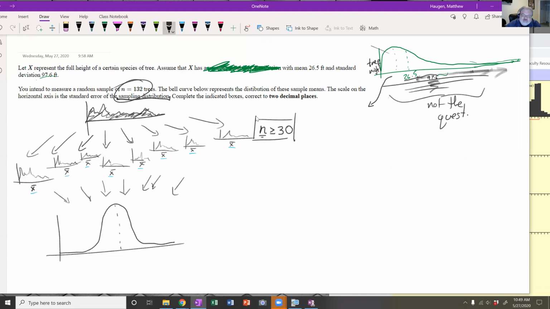So the mean for our sampling distribution will be essentially an average of averages.